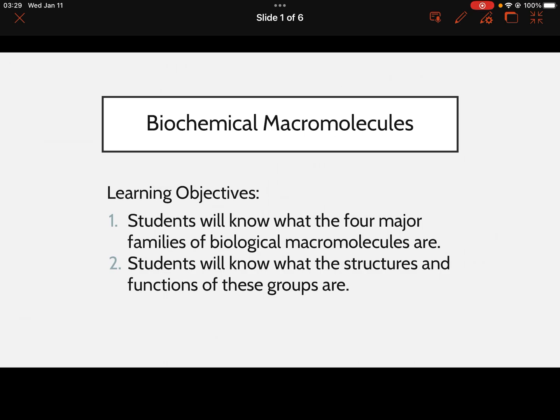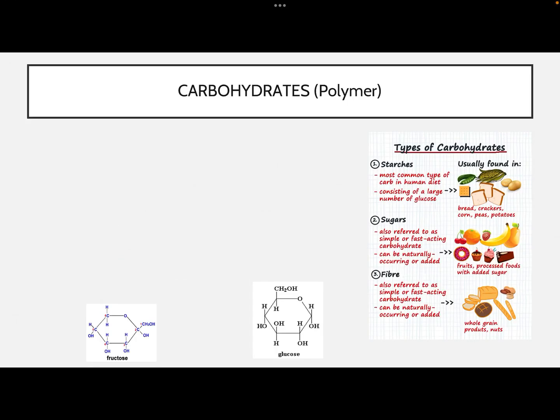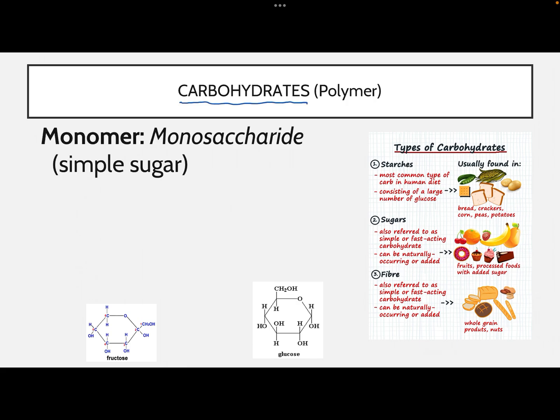So we'll start with carbohydrates, and carbohydrates generally exist as a polymer. And we talked about polymers the other day in class. Those are the kinds of molecules that are made up of repeating segments of the same small piece over and over and over again. Not all carbohydrates are polymers.